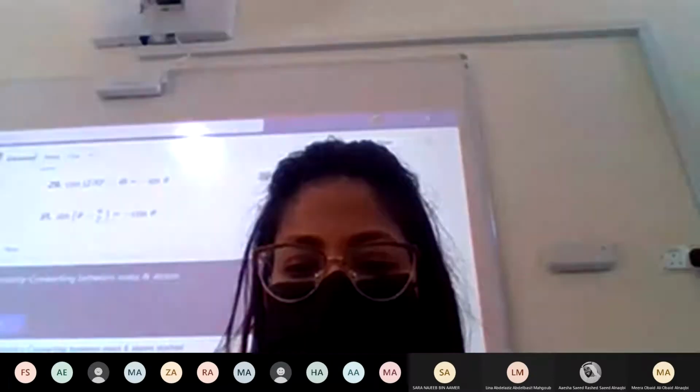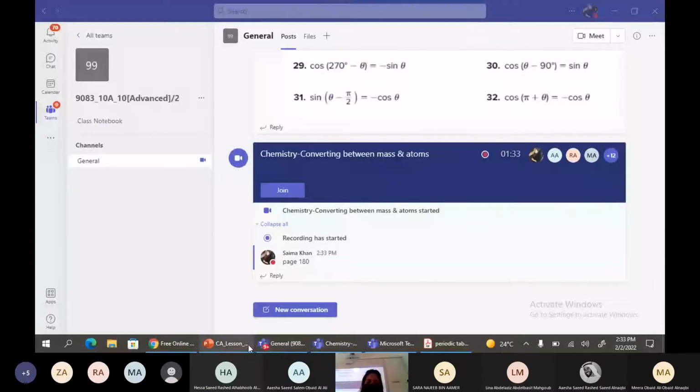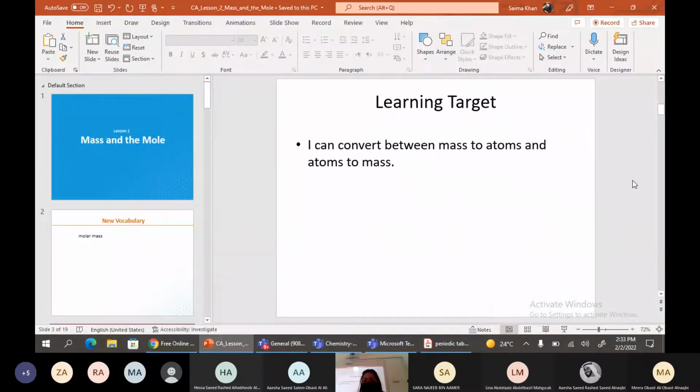Let's see what is our learning target of the day. Okay, Fatma, can you read the learning target, please? I can convert between mass to atoms and atoms to mass.